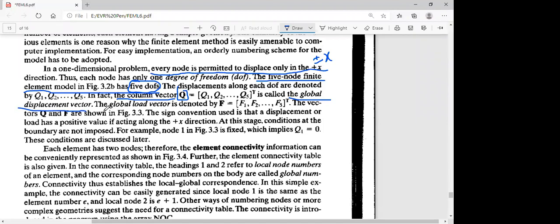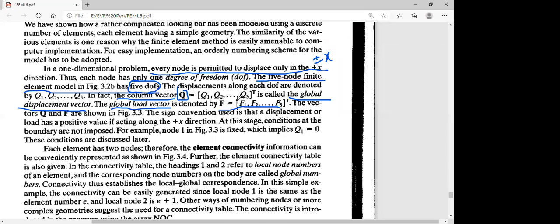Similarly, there are loads. If you write them in vector form, as a column matrix, that column matrix is called the global load vector. It is denoted by capital F: F1, F2, F3, F4, F5.